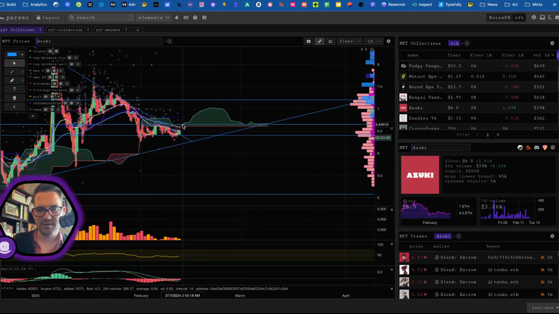So 6.5 ETH, I think, break above that, then it's all the way back up to about 7.2. But this little range here, I think, if it can get above that in this candle, we're looking really good. And I'm curious too, because with ETH ripping, that's going to push pressure down on NFT prices.